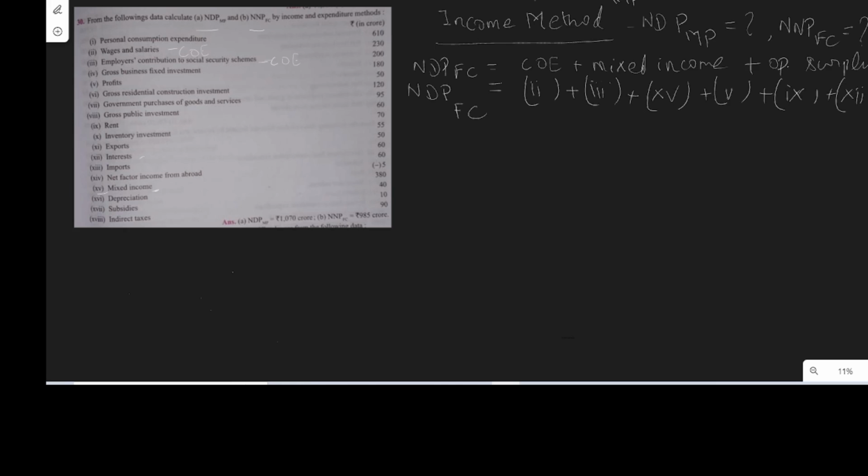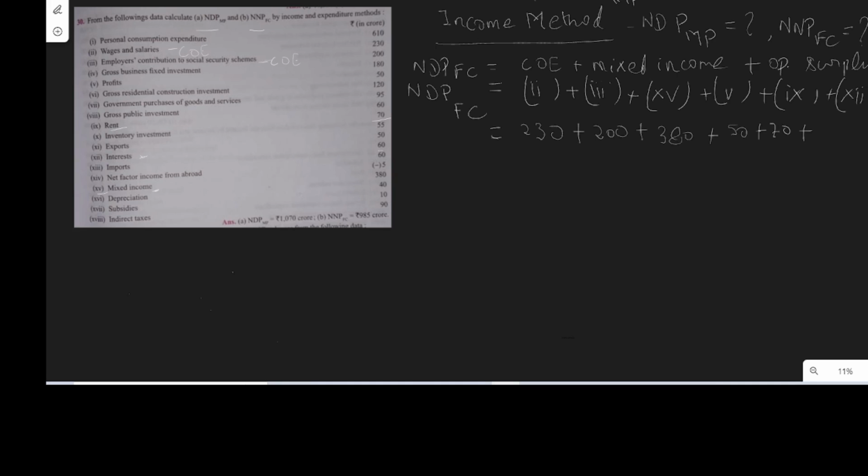Now we just have to put the values. Second is wages and salaries, that is 230 crores, plus third is employers' contribution to social security schemes, that is 200 plus 15. Mixed income, that is 380 plus 5. Profits 50 plus 9. Rent 70 plus 12.